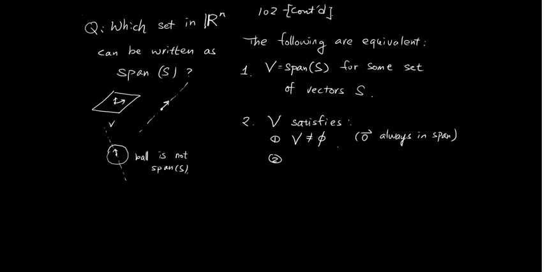The second property says that if I find a vector in V, for example this one, and I have a scalar k in the real numbers, then k times v is also in the set.